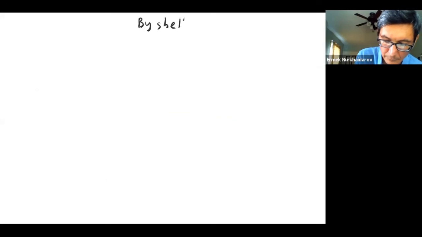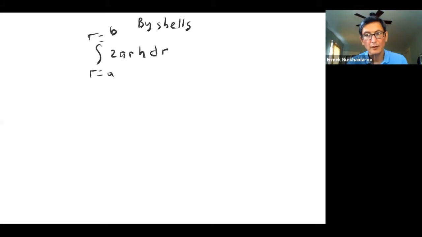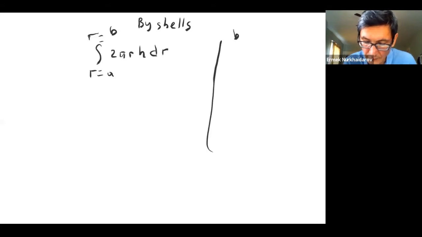We'll do by shells because that's what we did last time. So by shells: 2 pi r h dr, r from A to B, I guess. We can do a shortcut if you like, because we rotate around the x-axis.